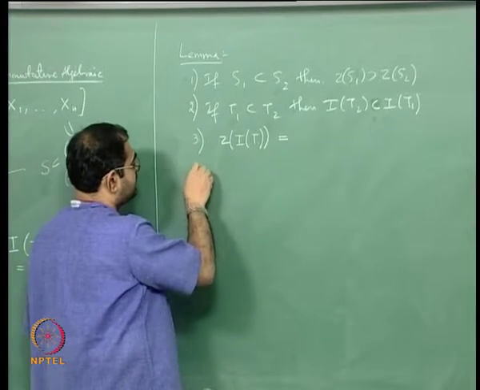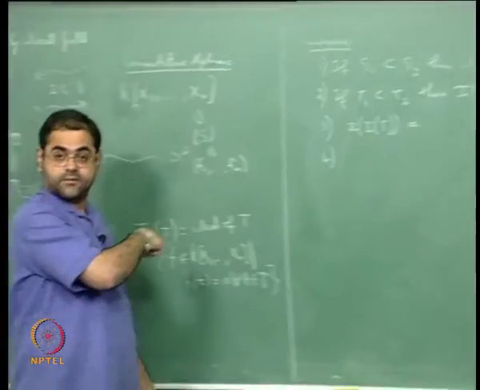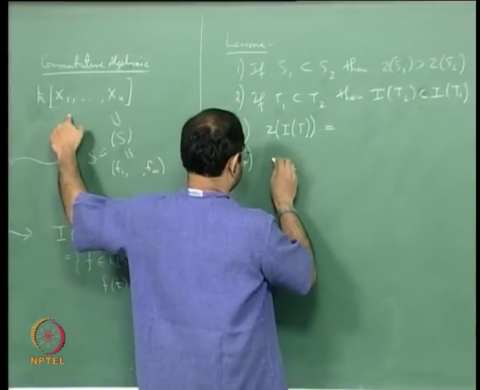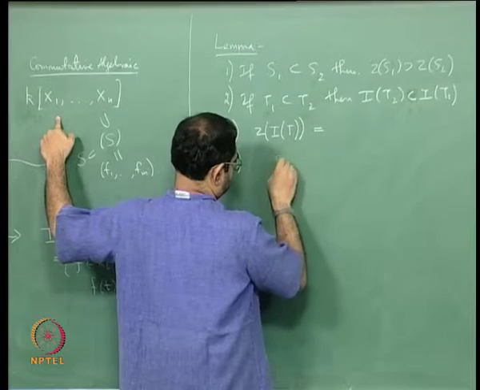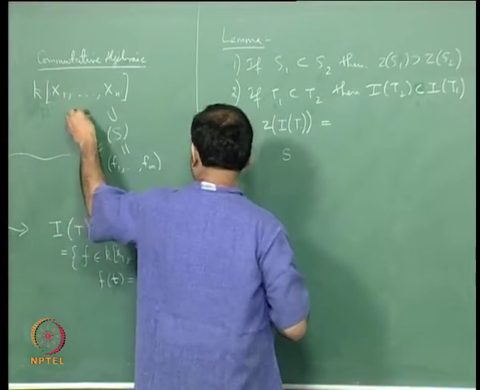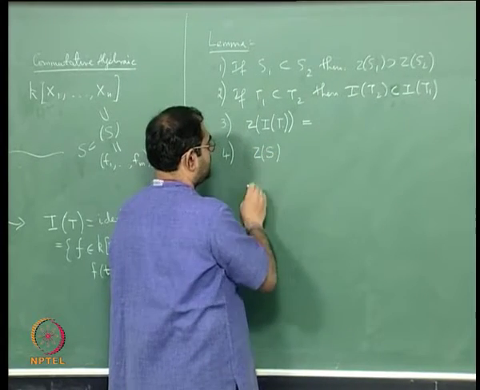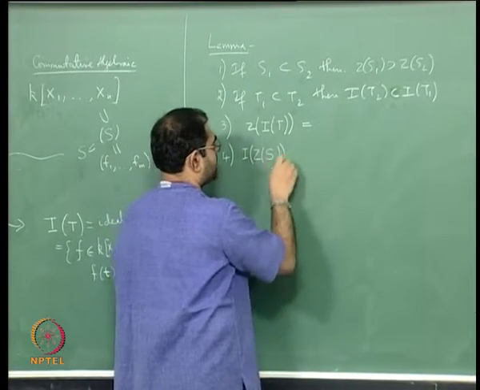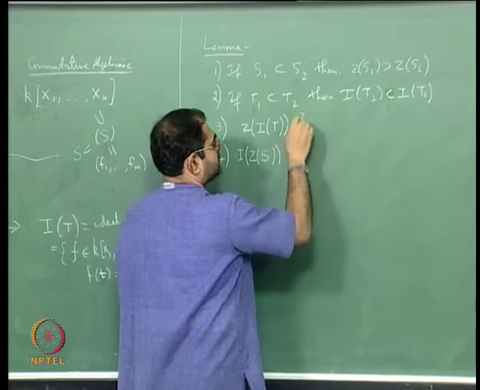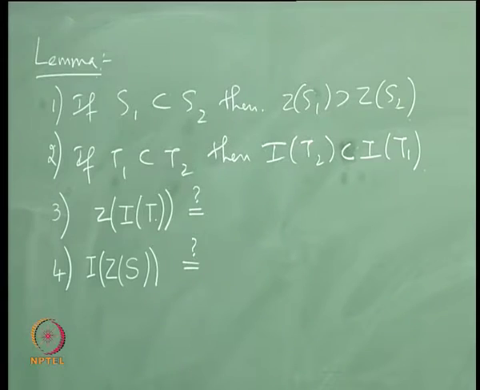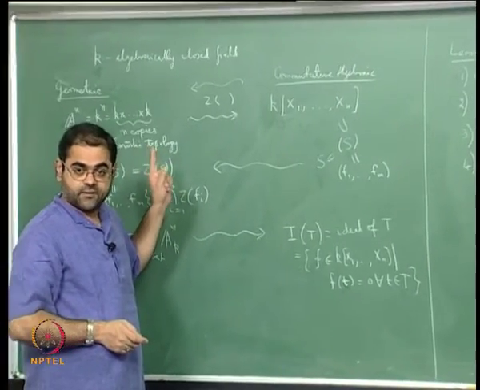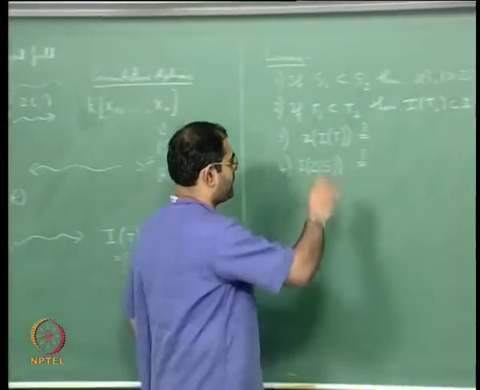And then the other one is the other way around. If I start with a subset here, I take the 0 set of that, then I take the ideal of that, what do I get?